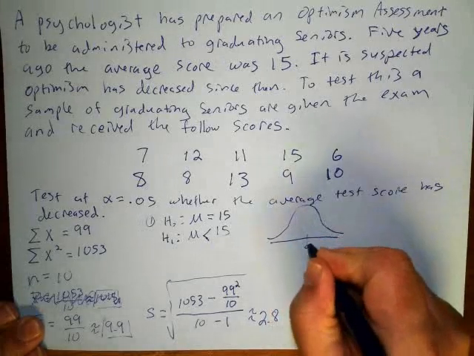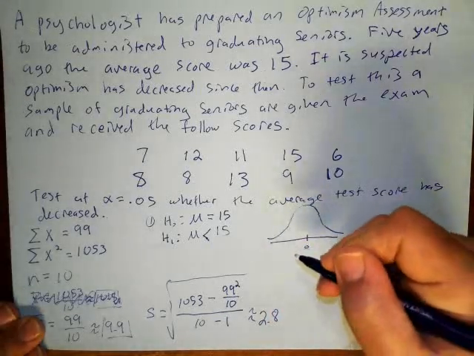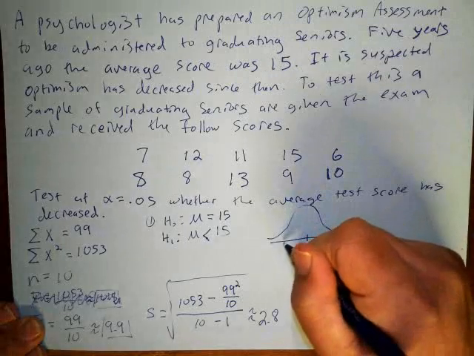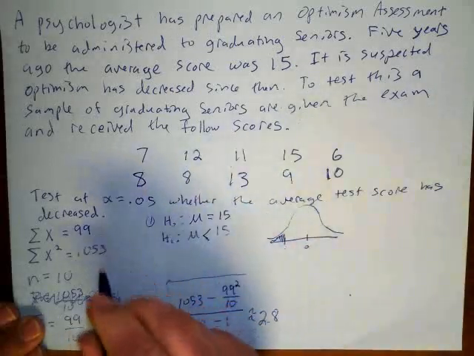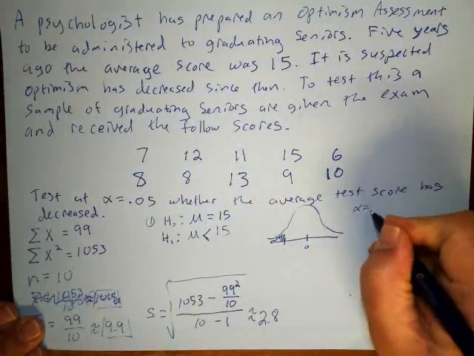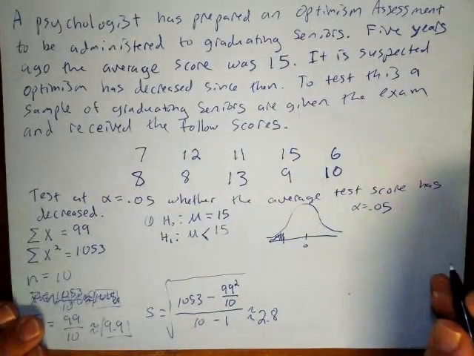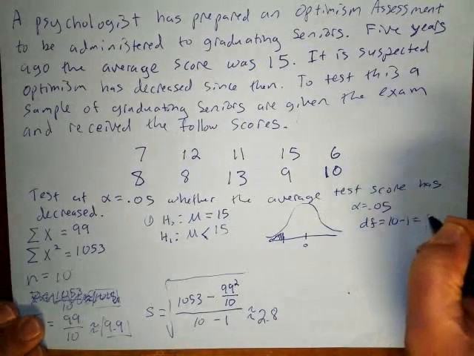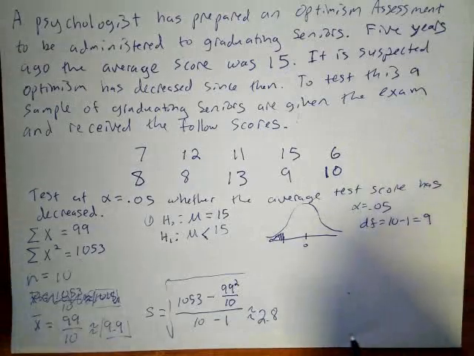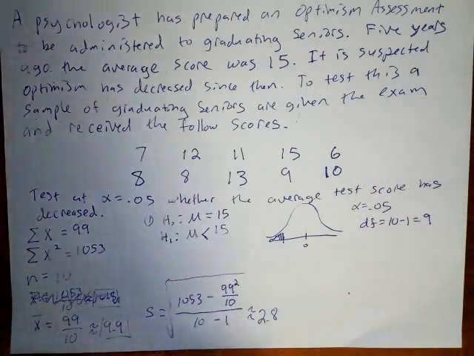So this would be 0, and I shade in my left tail. I'm going to do this at the alpha equals 0.05 significance level. My degrees of freedom are going to be 10 minus 1, so it's 9. So I'm going to go to my t-table.